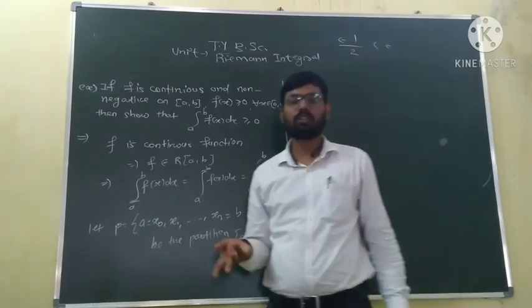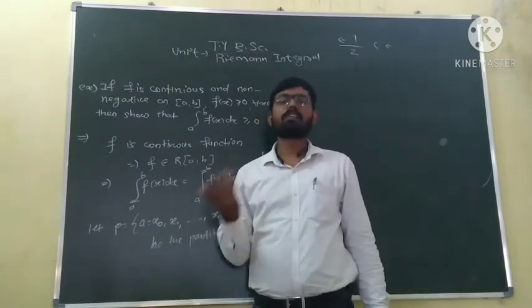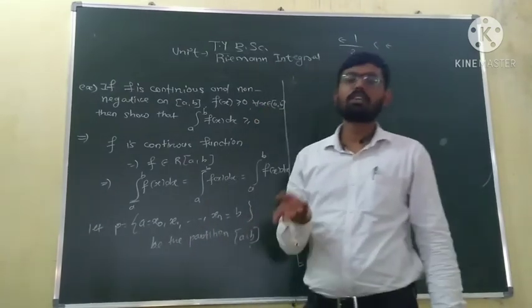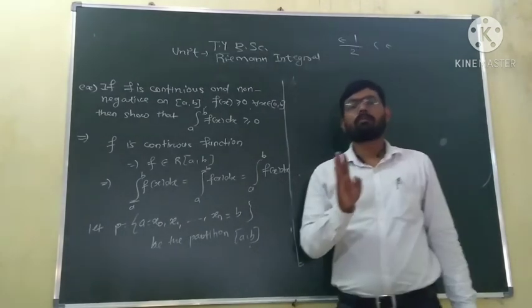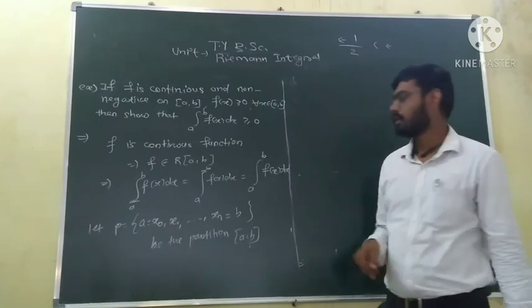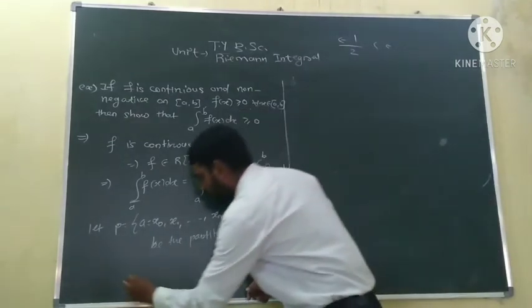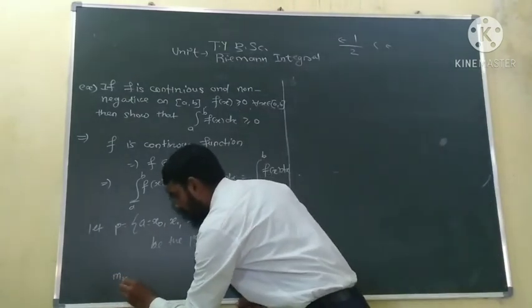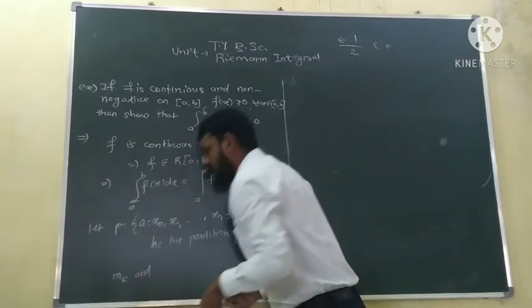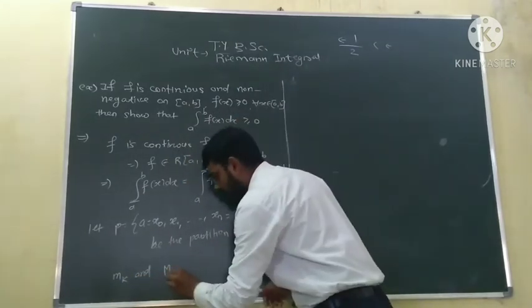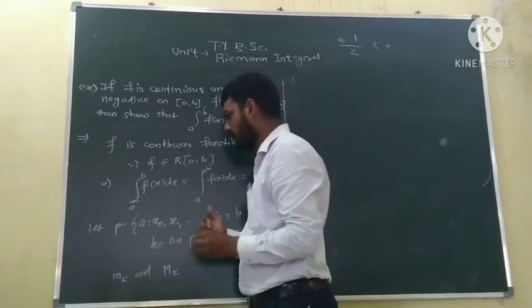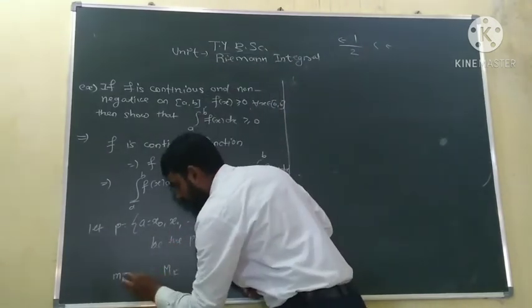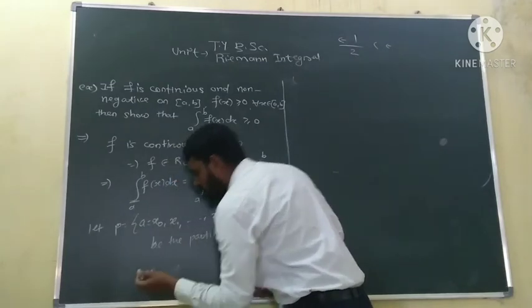Since the function is greater than or equal to 0, its minimum value or maximum value must be greater than or equal to 0, because the function takes only non-negative values. So the minimum value and maximum value cannot be negative. This implies mk and Mk, the minimum and maximum value of the function f.